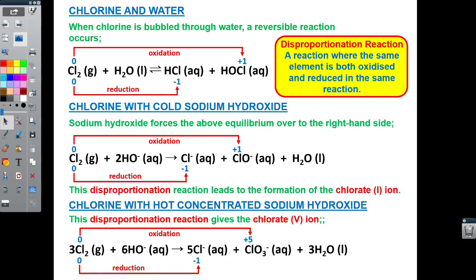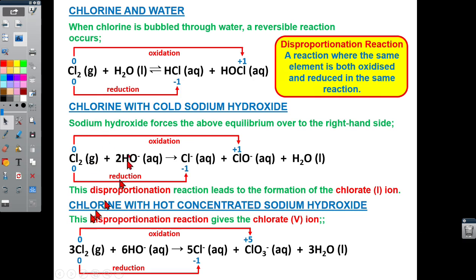You think you may have balanced it correctly, and it looks quite simple compared to this, but the charges won't balance. So this might be one where you want to just learn the balancing rather than think, oh, I'll just freewheel it in the exam and work it out in the moment. You may well make an error if you do that. Okay, so chlorine and water then just introduces disproportionation reactions to you.